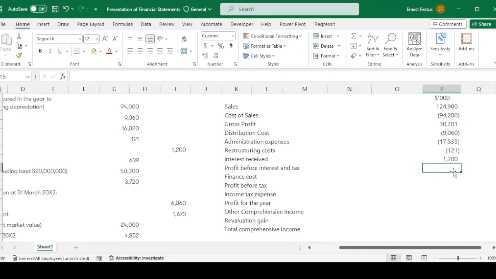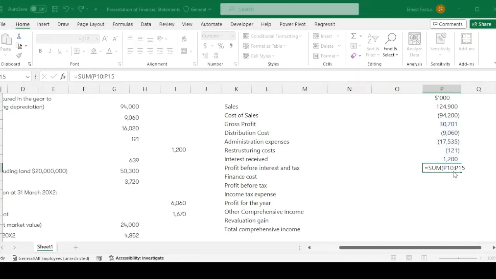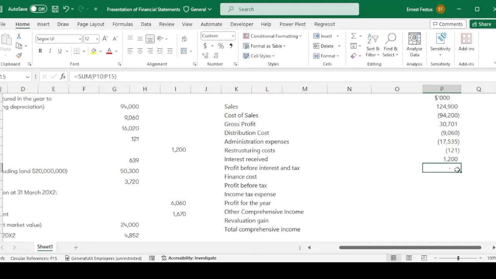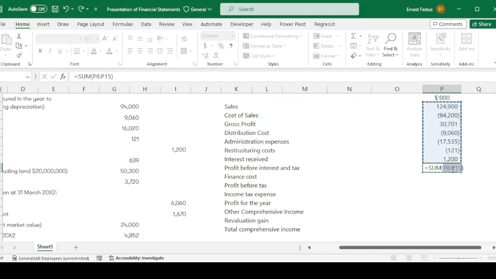So I will have sum equals sum, and then I can sum up all of these up to my gross profit. So I can actually sum these items together.